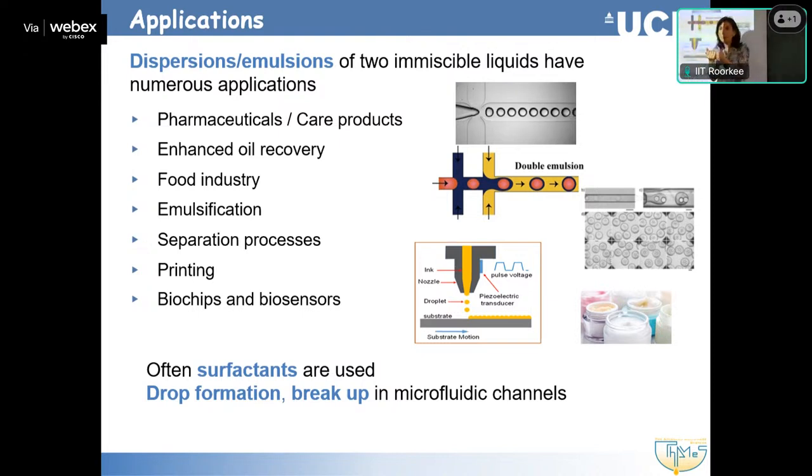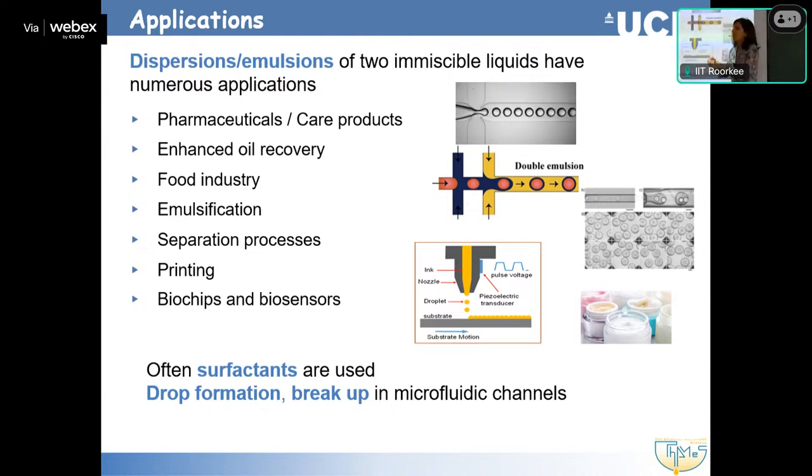Drops form with a certain time scale, and at the same time, surfactant races to go to the interface. And there is some discussion, and this is some of the results I'll show you, on how quickly the surfactant ends up in the interface compared to the drop formation time.